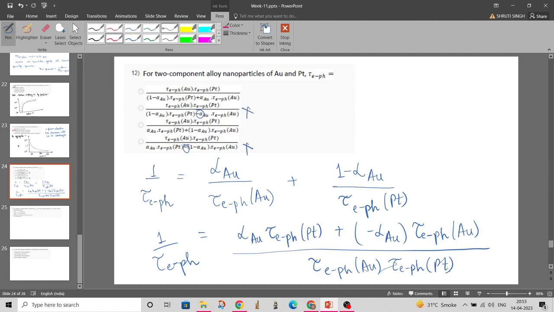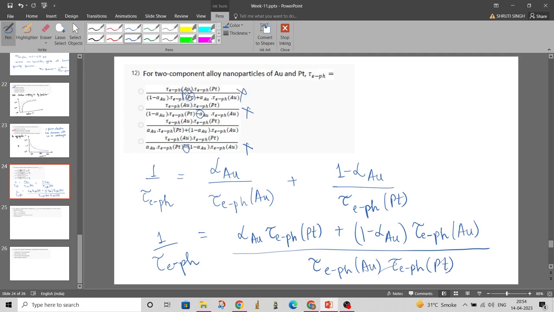Plus 1 minus alpha Au, it should be tau EPH of Au here, not platinum, so this is also wrong.